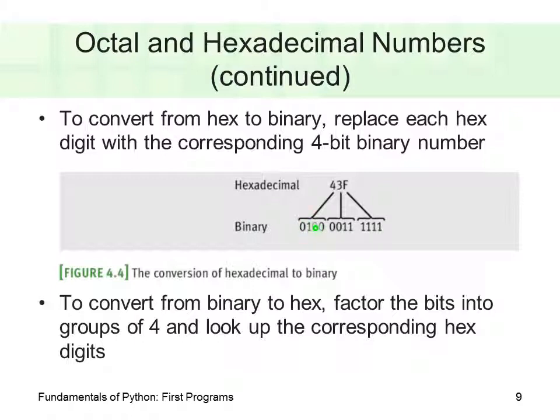So 0100 is hexadecimal 4. Here we have hexadecimal 3, which would be 11, but put the 2 leading zeros in front of it to get a group of 4. 0011 is hexadecimal 3 in that position.